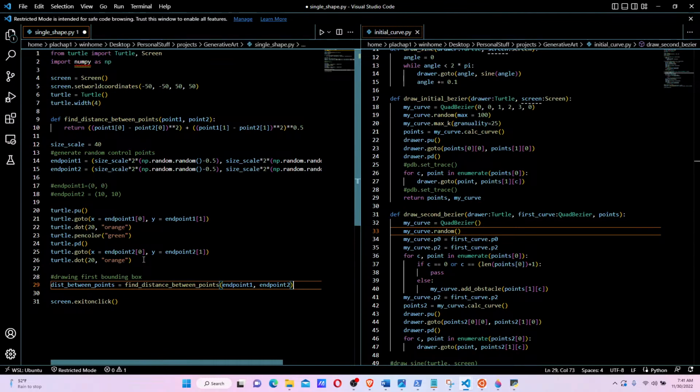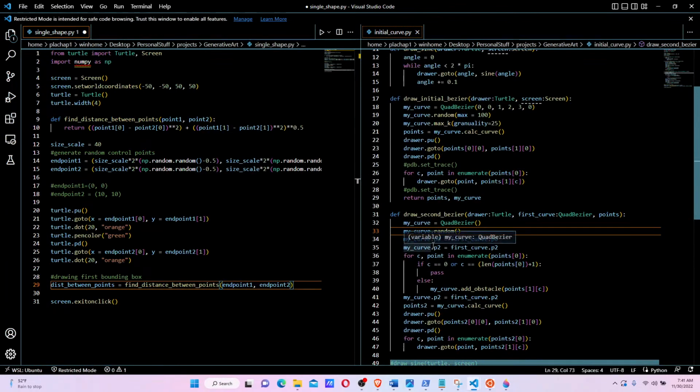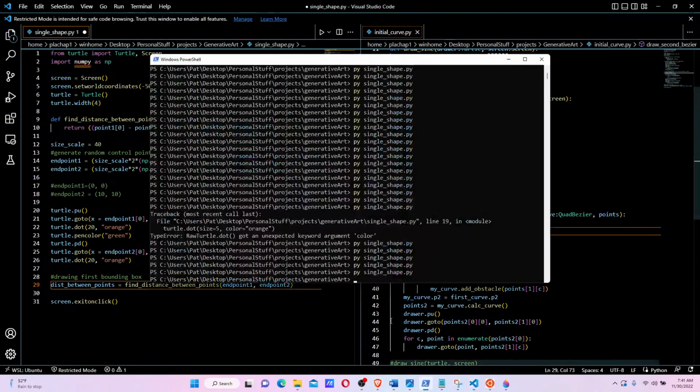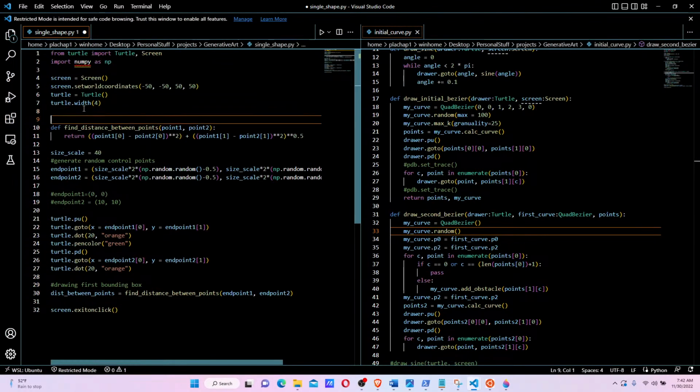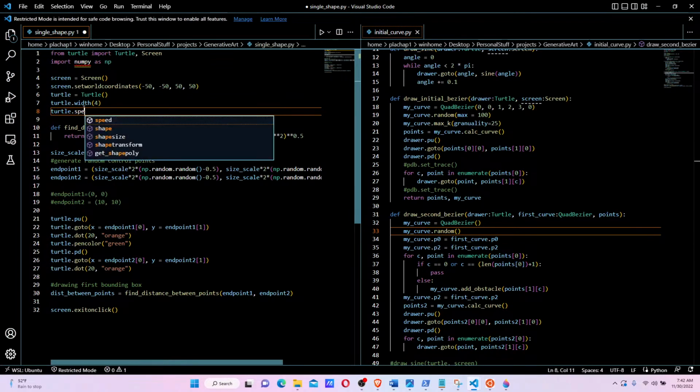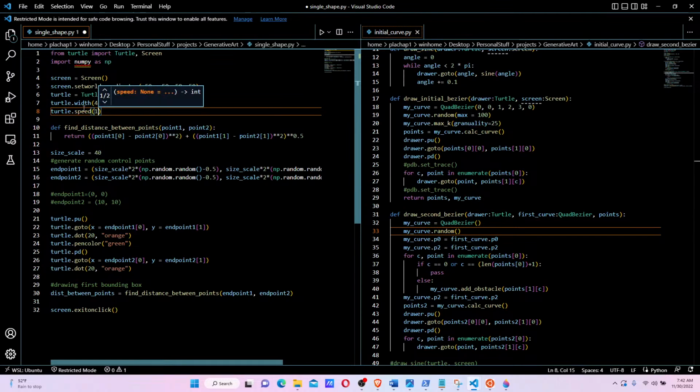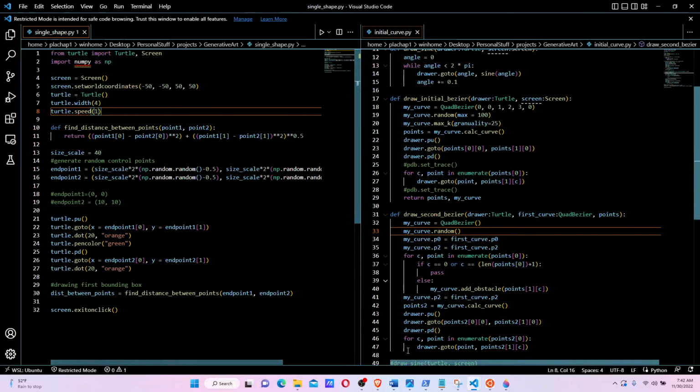I want to go to the previous point, but we want to stop before we get there. Oh, well, we might be able to do it. Let's see which direction our turtle is facing. I'm gonna make it go slow so that I could see what's happening.